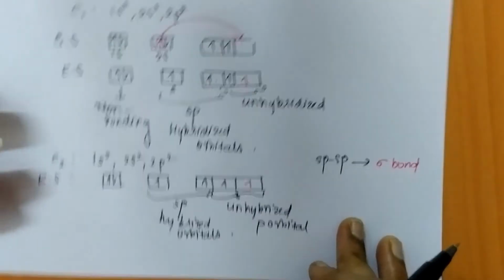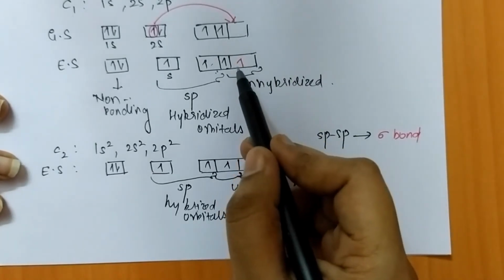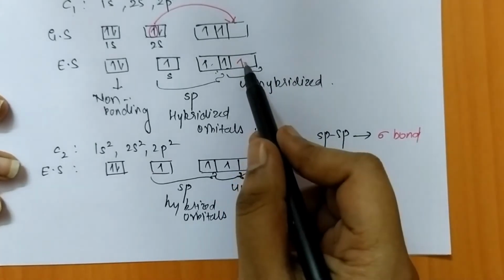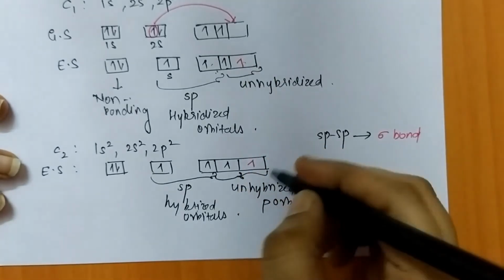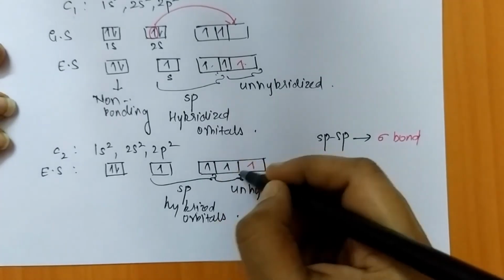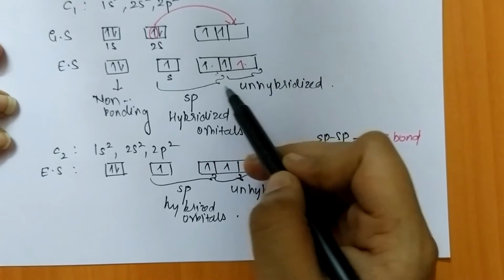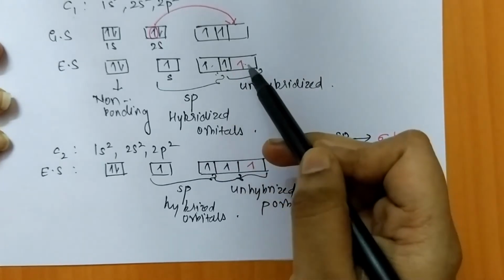Now we are left with p orbitals, that is 2 p orbitals in each of the carbon atoms. So what is exactly going to happen is that one p orbital from C2 and one p orbital from C1 are going to overlap together.